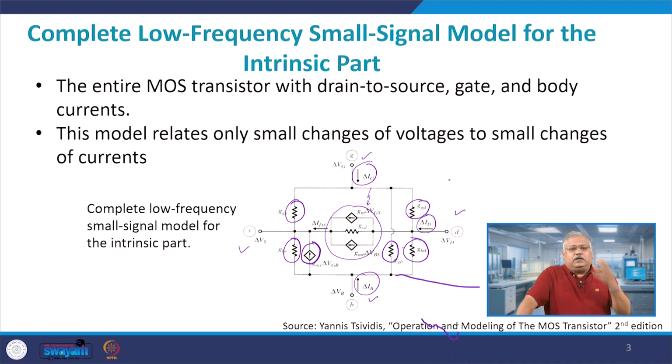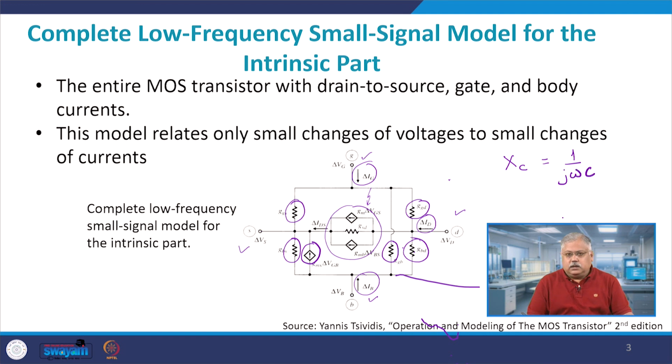The convention which we follow is that the currents are always inside the black box. In this small signal equivalent model, all the currents are directed inwards, not outwards. I will tell you why this is also low frequency. The capacitive reactance of any component is Xc equals 1 by j omega c.